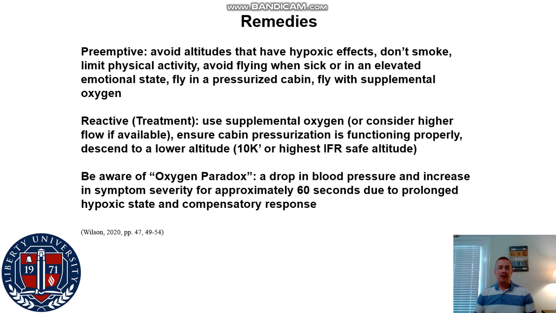That's because of a prolonged hypoxic state and compensatory stage; your body is going from this compensating effect to now, okay, this is what I want. And it's still struggling with that transition because that oxygen is immediate and the body's response to it is not. But you would want to continue to breathe that oxygen, and it should subside after about 60 seconds.